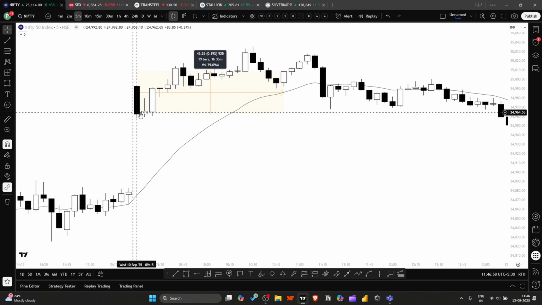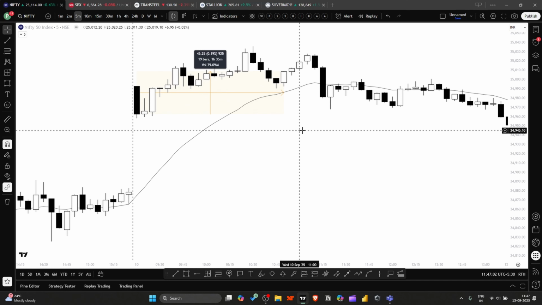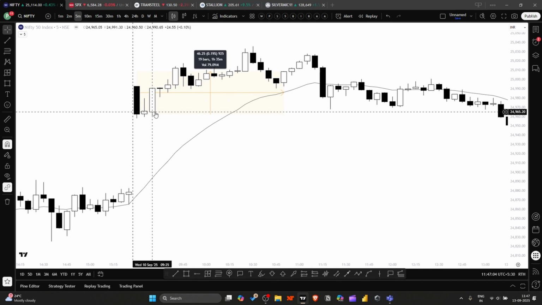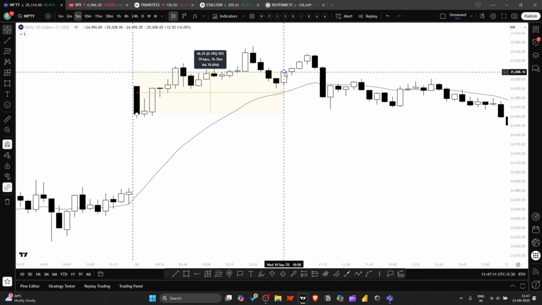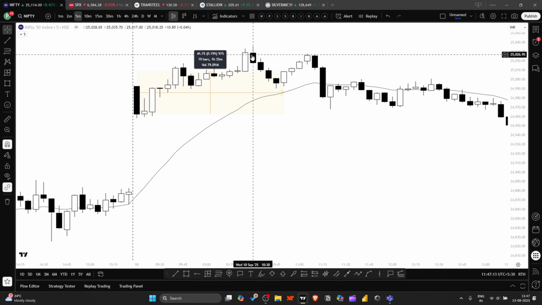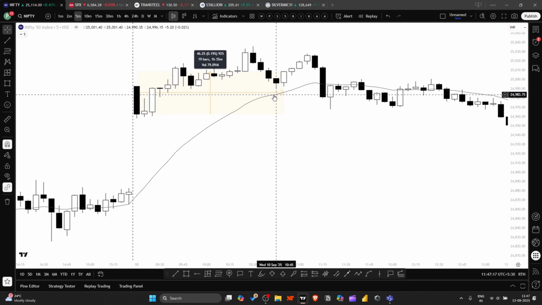If you just use a simple moving average, it will only calculate the basic average of the last 20 bars' closing price and then plot it. What an exponential moving average does is it will give more weightage to the recent bars within those 20 bars. So it is a bit faster than the normal moving average.